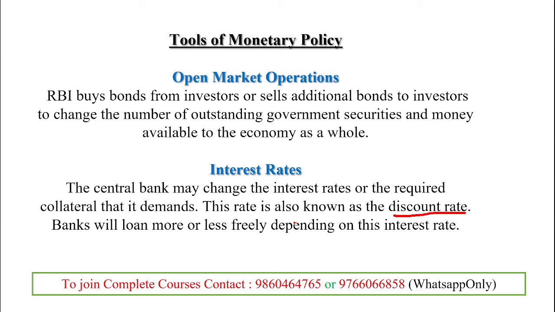According to the interest rates, banks will get loans from RBI at a higher or lower interest rate according to the period, either inflation or deflation. So in inflation, the interest rate is very high, and the commercial banks will get only a small amount of loan, and in the period of deflation the interest rate is very low and commercial banks will get a higher money supply, and also they can provide it to customers.